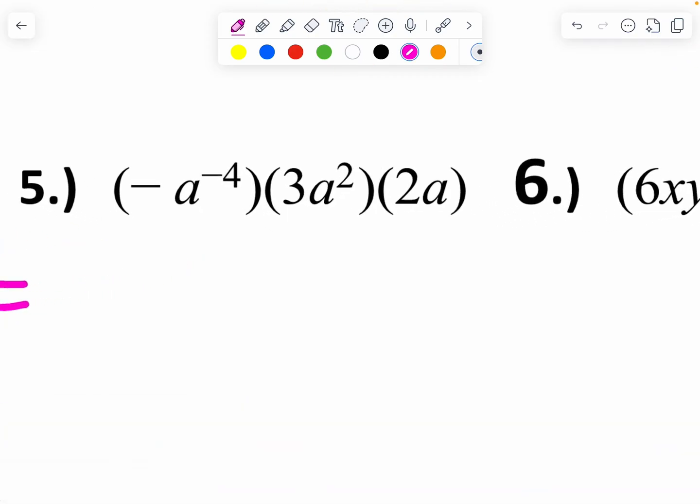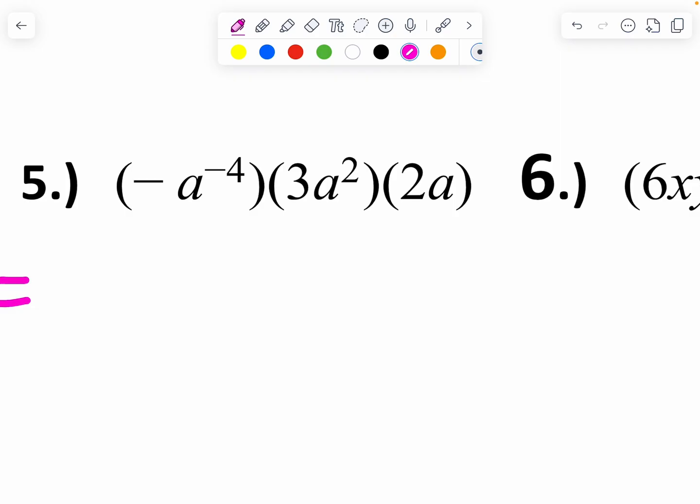All right, here. This is going to get really tricky, but please understand that without the parentheses around this, negative 4 is not raised up to with the base negative a, okay? The base for this negative 4 exponent is just the a, not the negative portion.